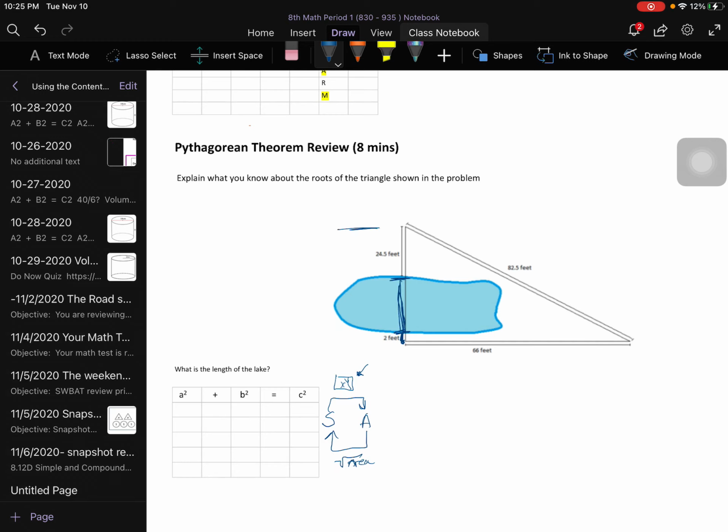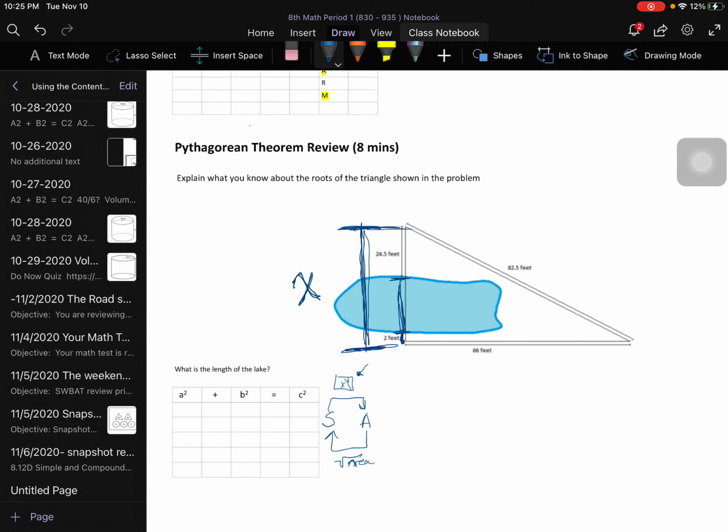But what if we knew the total distance from the top of the triangle to the bottom of the triangle all the way down? Like we had a big number that was the length of there. Could we figure out the length of the lake? Well, yeah. Let's call that number x.